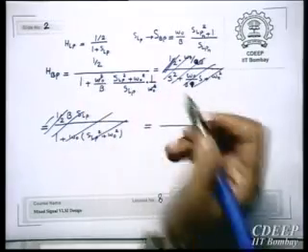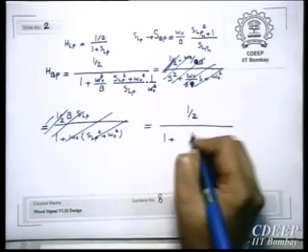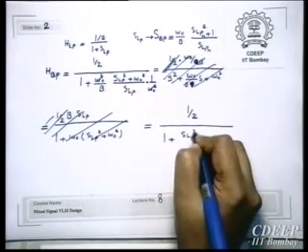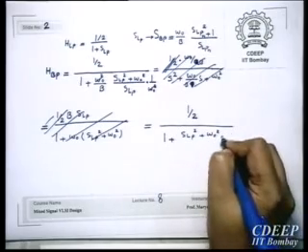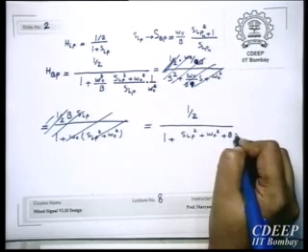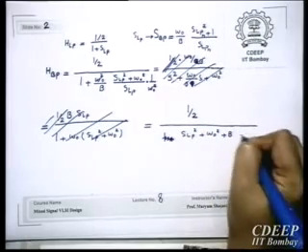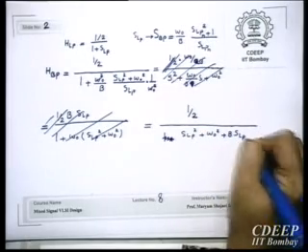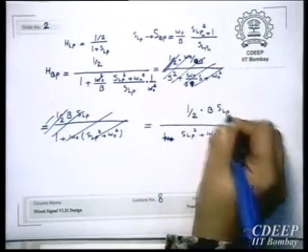So these two get cancelled, it will be 1 upon 2, 1 plus S_LP squared plus omega 0 squared plus B as low pass.